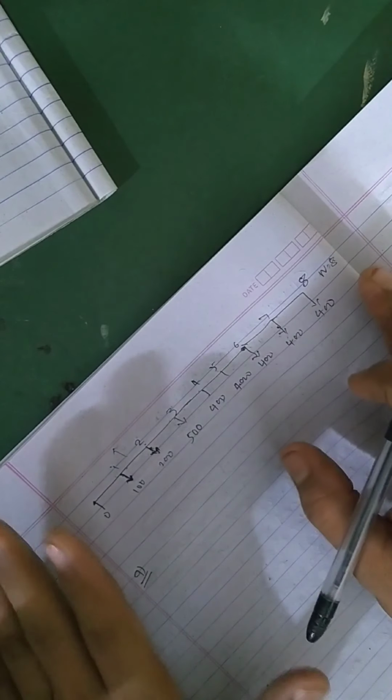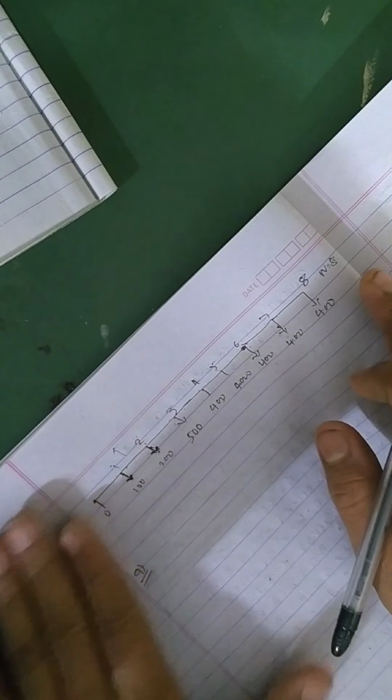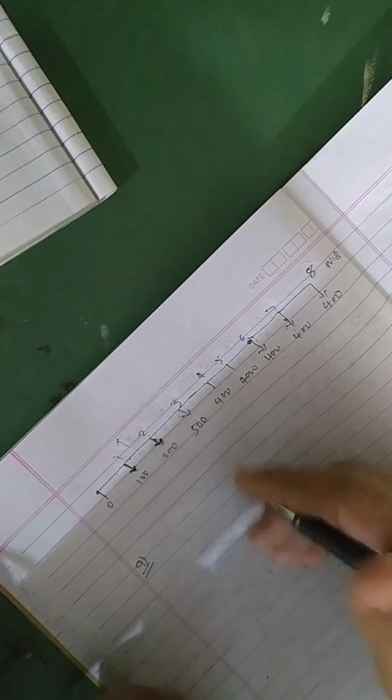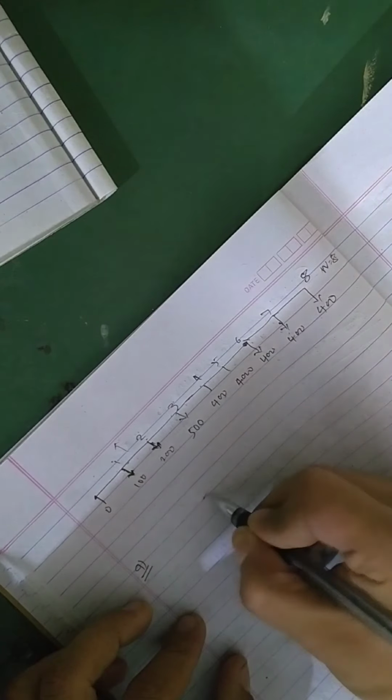Is that clear? I'm assuming you are understanding what I'm saying. So you have to find the present value, P naught. I am depositing a lump sum directly in the bank, and it will give the same total amount as these installments would after 8 years.